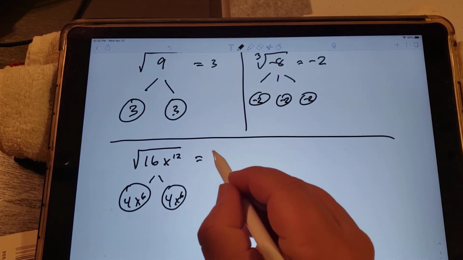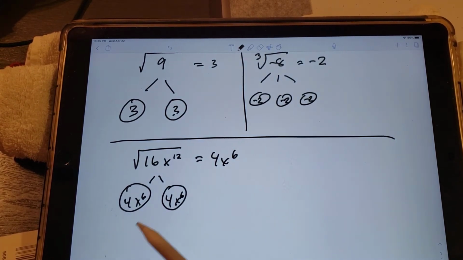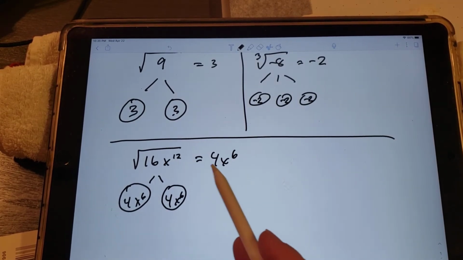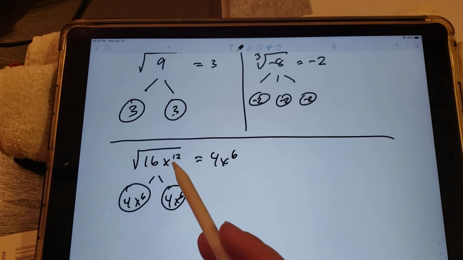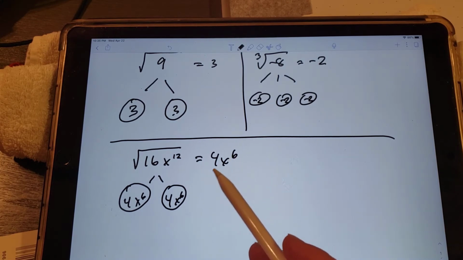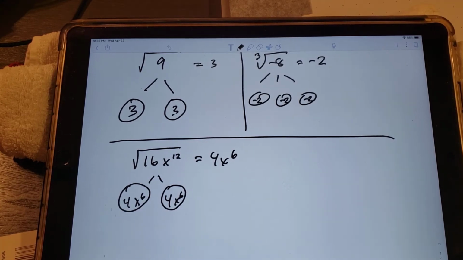And so the correct answer would be 4x to the 6. So as childish as drawing these balloons is, it can help you with some fairly advanced questions. In other words, some students have a little trouble with why the 12 is a 6 over here. And some of the explanations are certainly more involved than just drawing two balloons. But I just wanted you to be able to see that.